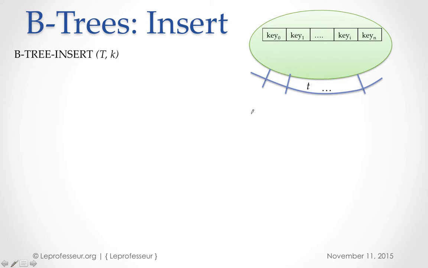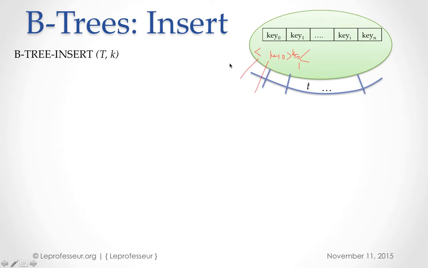So the leftmost child of this tree will have all the keys less than key 0, and the next child will have keys greater than key 0 and less than key 1, and so on. So that structure is preserved.